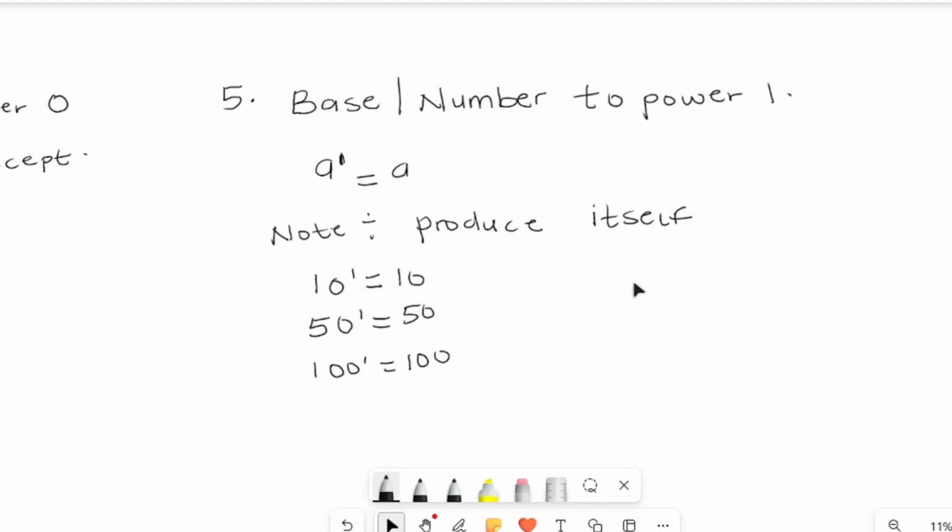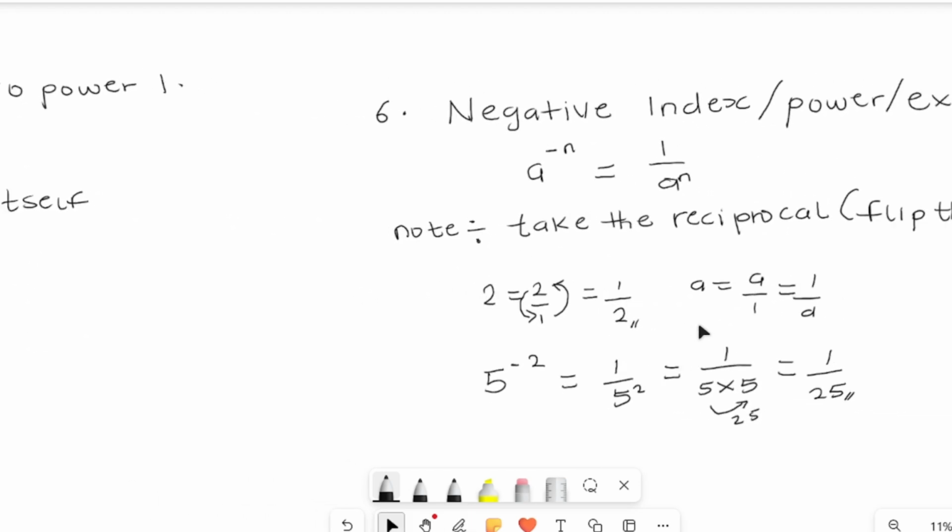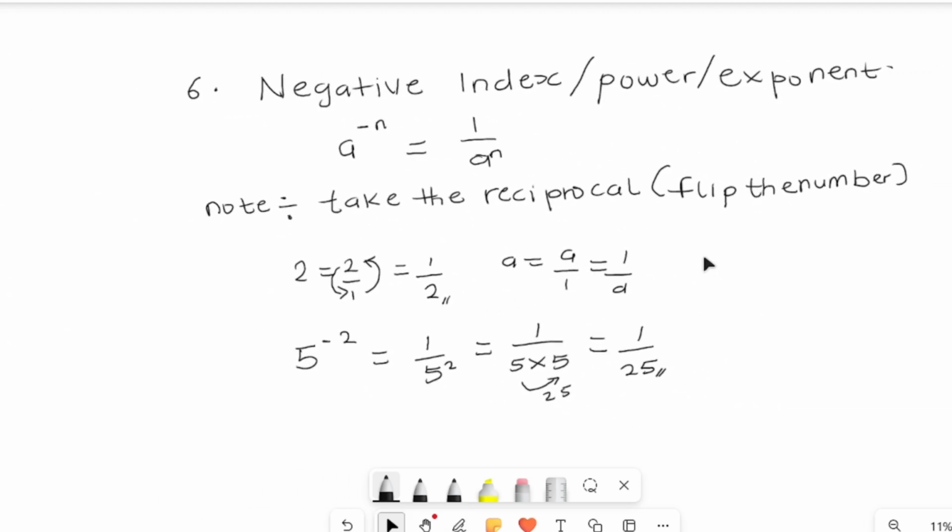The next law, we say that any base or number raised to power 1 will produce itself. Next one, we talked about the negative index or power. Whenever we see a negative index or power, we simply take the reciprocal, that is, flipping the base.